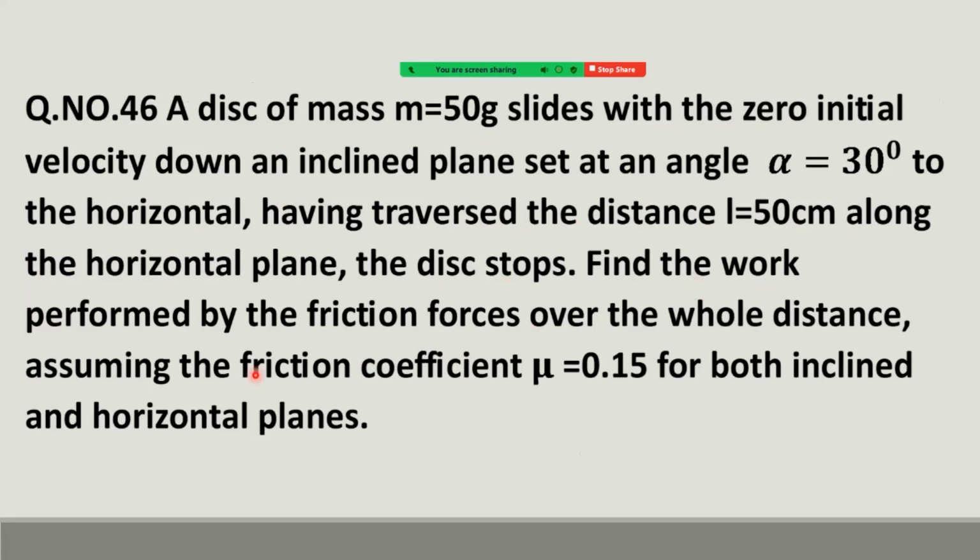Find the work performed by the friction forces over the whole distance, assuming the friction coefficient mu for both inclined and horizontal planes. Okay, so here we have to calculate work performed by friction force over the whole distance, right? Let us see how to start.